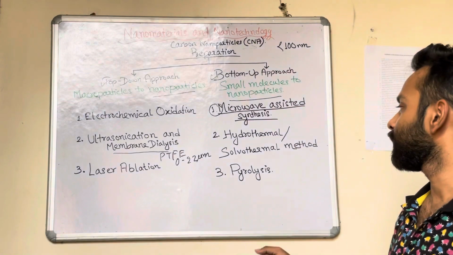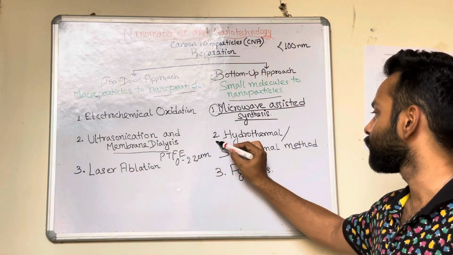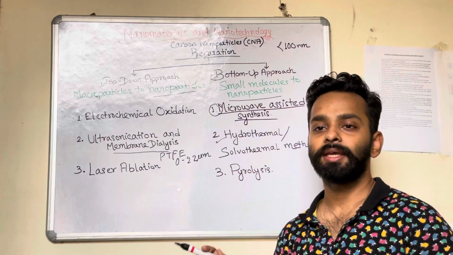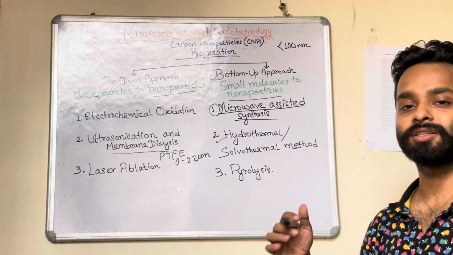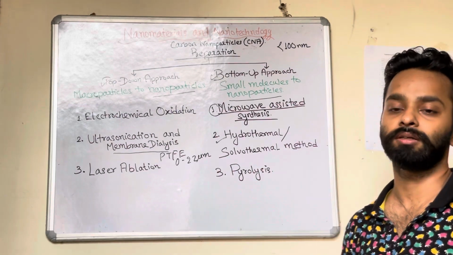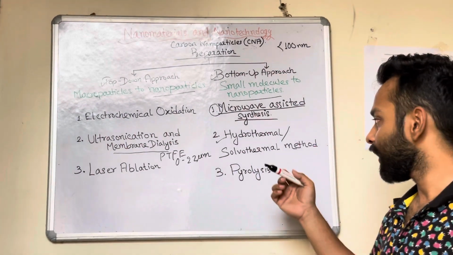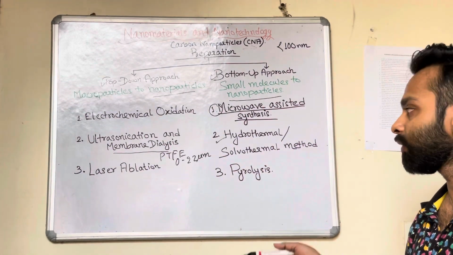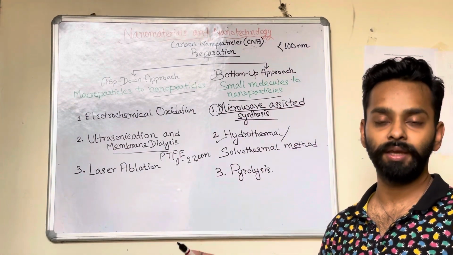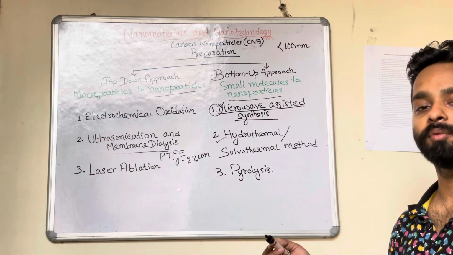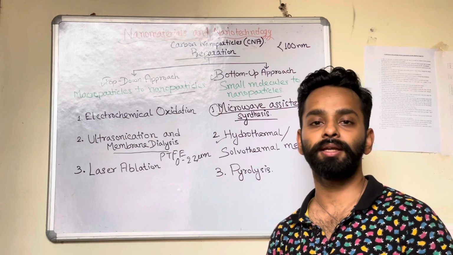Then coming to the second method, the hydrothermal or solvothermal method. It employs heating a carbon source dissolved in water at high temperatures in a stainless steel container. The material obtained can then be purified using dialysis and filtration to give carbon nanoparticles in the desired size range.